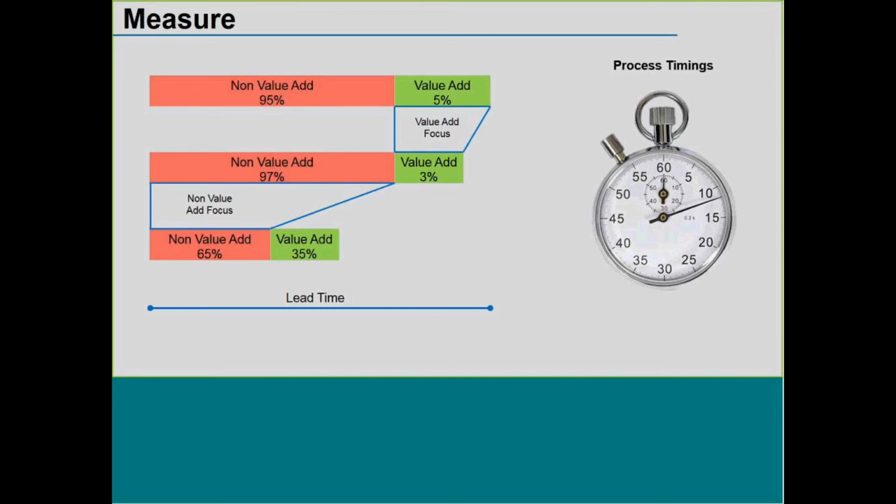If we focus on waste and reducing waste, there's a tremendous opportunity to reduce the amount of lead time in our total product if we're able to reduce the amount of times that our products or services are encountering waste.